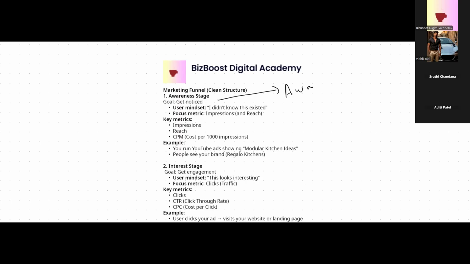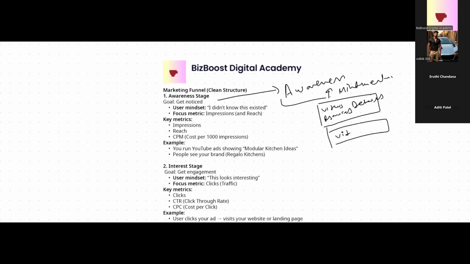We need to make people aware that we have a brand like this, like I showed you, Mind Mentors. So in the awareness stage, we can create a landing page where there are all the videos, all the resources that the audience can access, all the details that they have, or maybe we can directly show them a video about the brand.